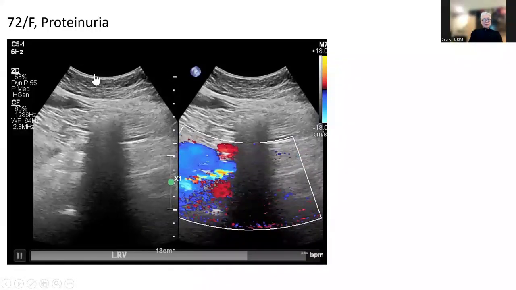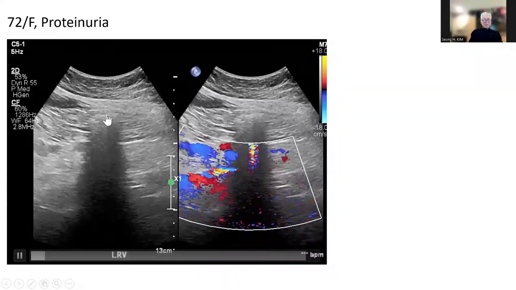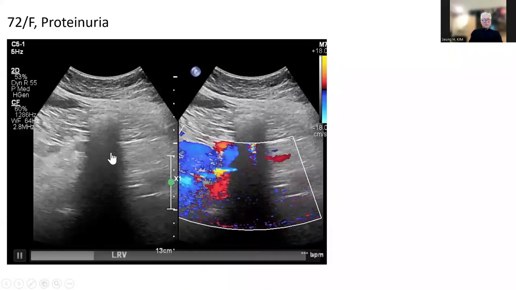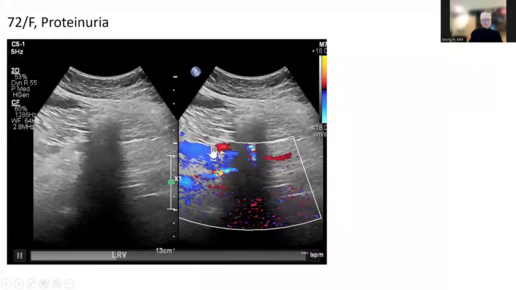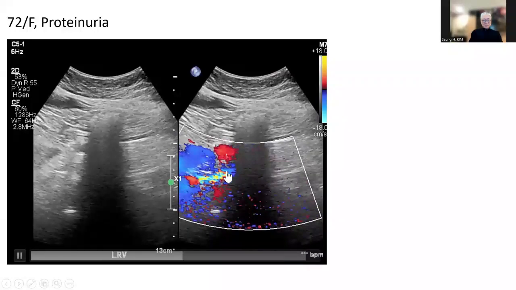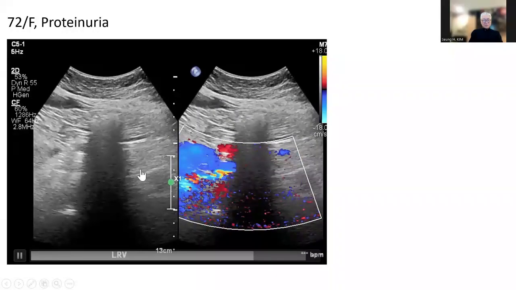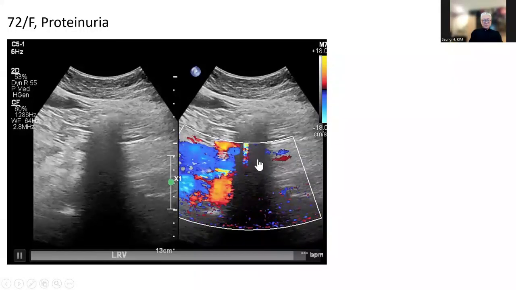Another thing: in this patient with proteinuria, because of bowel gas, it's probably impossible to see the aorta or the superior mesenteric artery. But if we turn on the color ultrasound, there is a lot of noise here, but we can see the right color signal here. Probably the aorta is around here, the superior mesenteric artery around here.